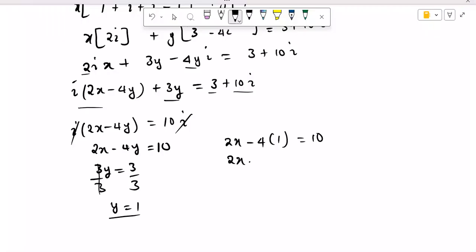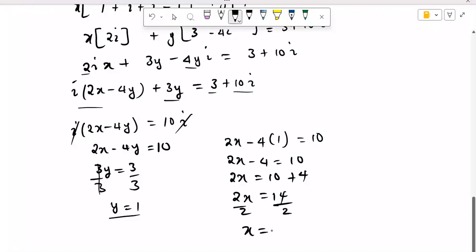So you have 2x minus 4 equal to 10. So you can take 4 to the other side. So you have 2x equals 10 plus 4, this is negative, it comes to this side as plus. 2x equal to 14. So you divide by 2, x equals 7.